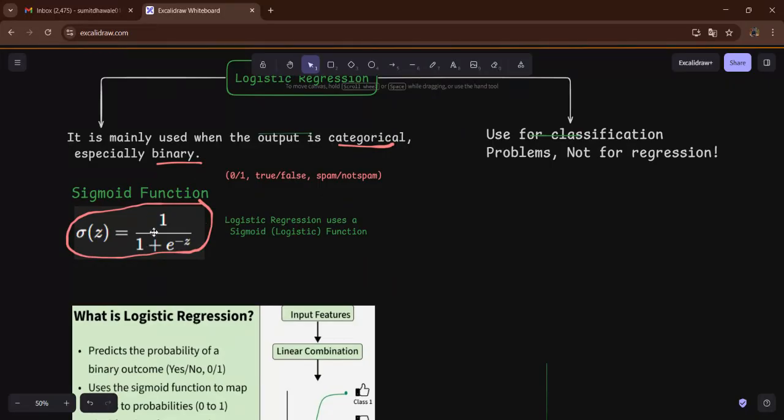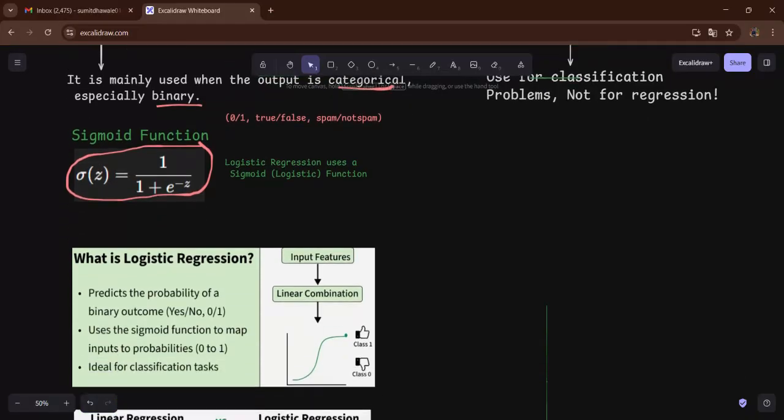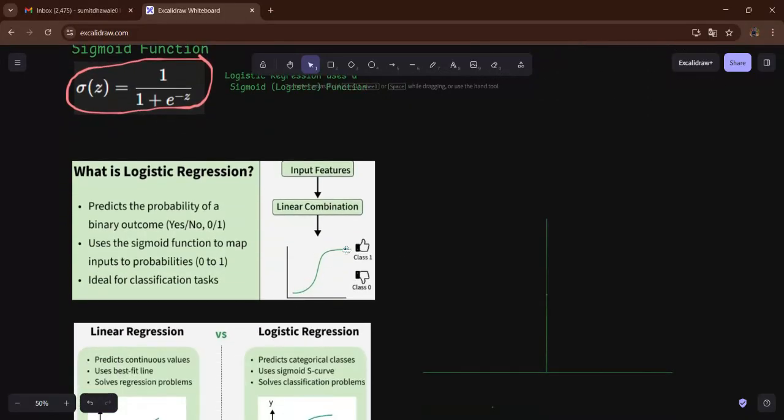It uses the 1 upon 1 plus e raised to minus z formula, which is the sigmoid function. By using this function, it tries to find the best fitting line, which is not a straight line. It has a different graph. You can see over here, it is an S-shaped graph.